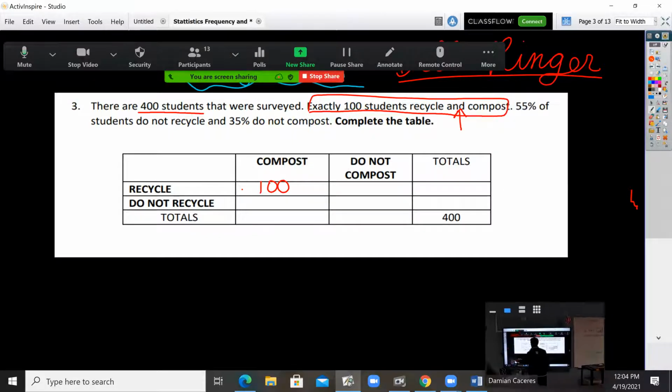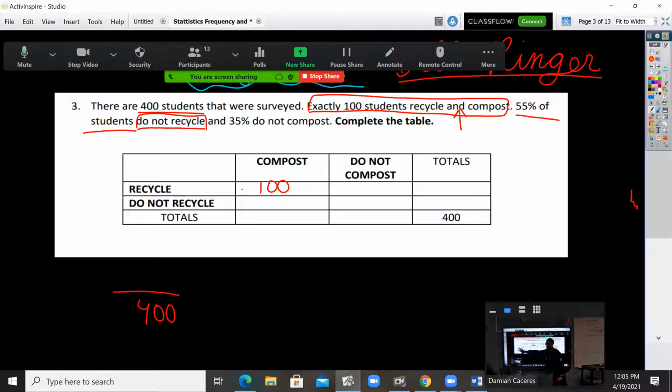So let's keep reading. Now it says 55% of students. So my total for students is 400. Now we just need to figure out the part that goes on top. The part is what we read here. Do not recycle. For the do not recycle section, it didn't say compost or do not compost there. It just says do not recycle.